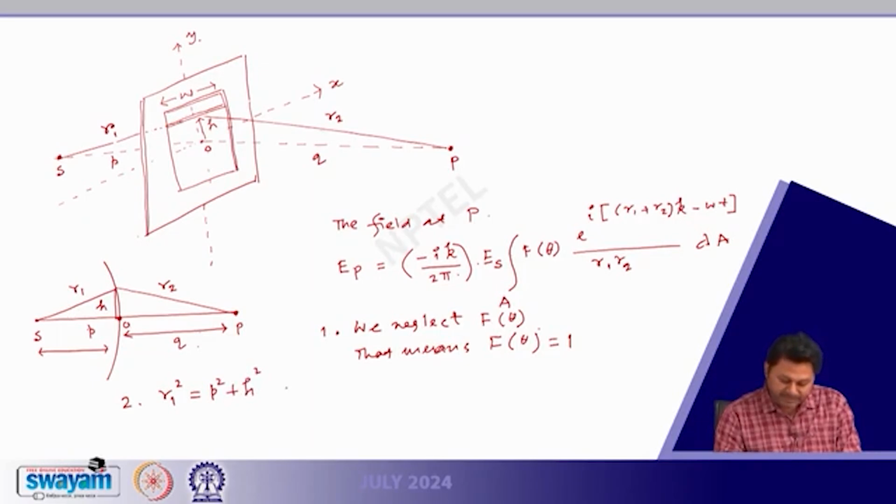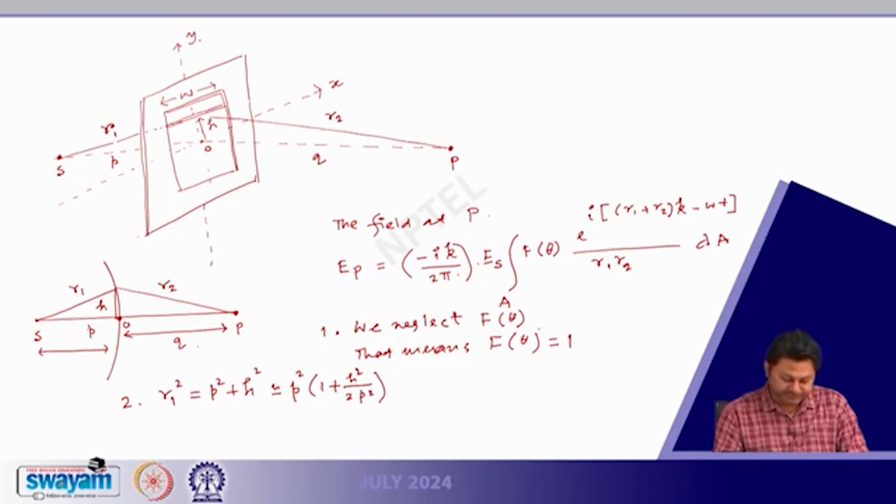So, that is equivalent to p square into 1 plus h square divided by 2 of p square. Now, h is much less than p.